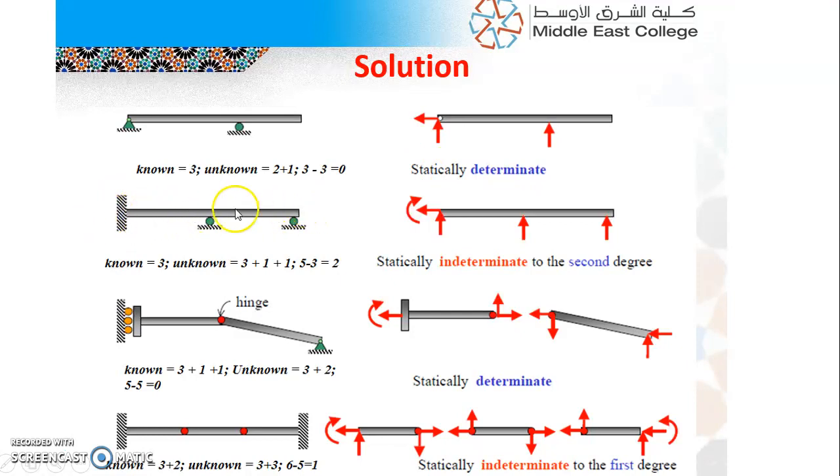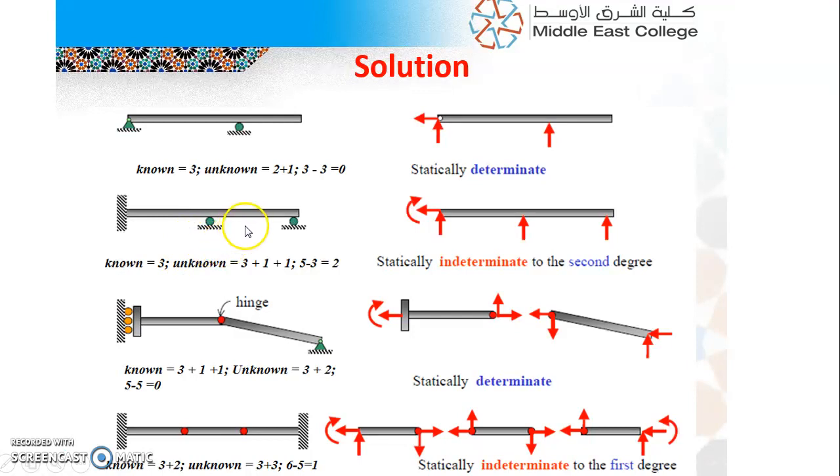Similarly, in this question, this is fixed support, and this is roller and this is roller. Knowns are 3, which is common and general. Unknowns are 3 reactions at the fixed support, 1 reaction at a roller and 1 reaction at the other roller. So there are 5 reactions, that means R is equal to 5. We have the formula R minus 3 is equal to 0.